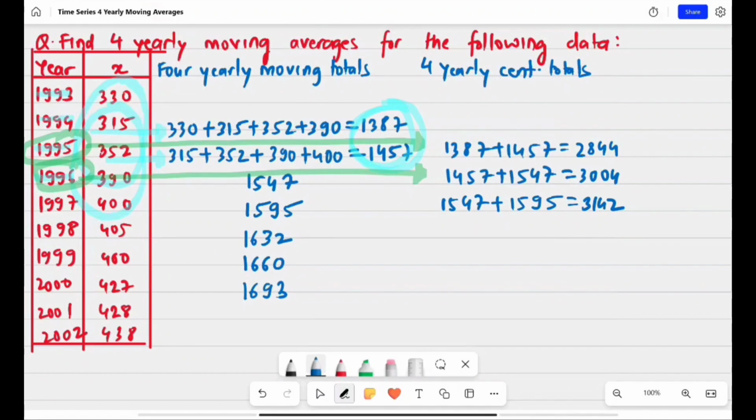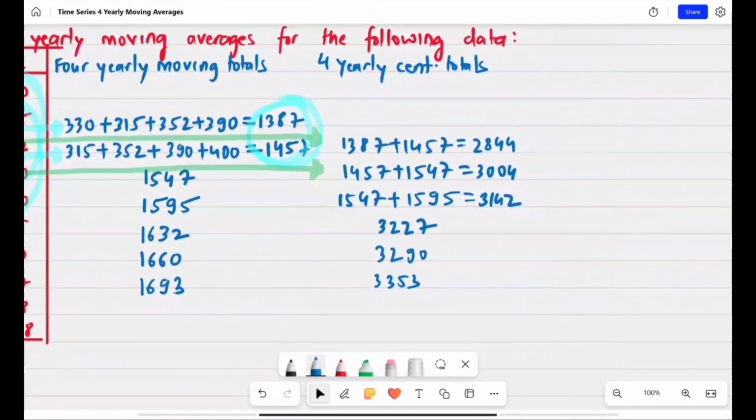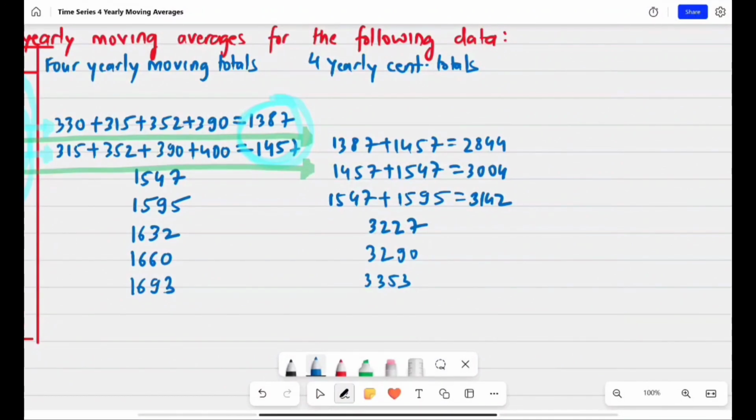Continuing further, we have the following 4 yearly central totals. Now once we are done with this, we move on to the last step of the problem, and the last step is where we are going to get the 4 yearly moving averages.